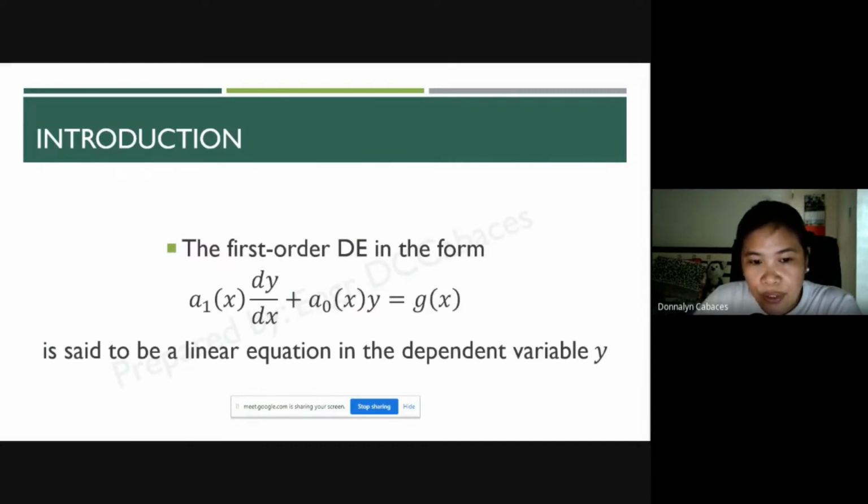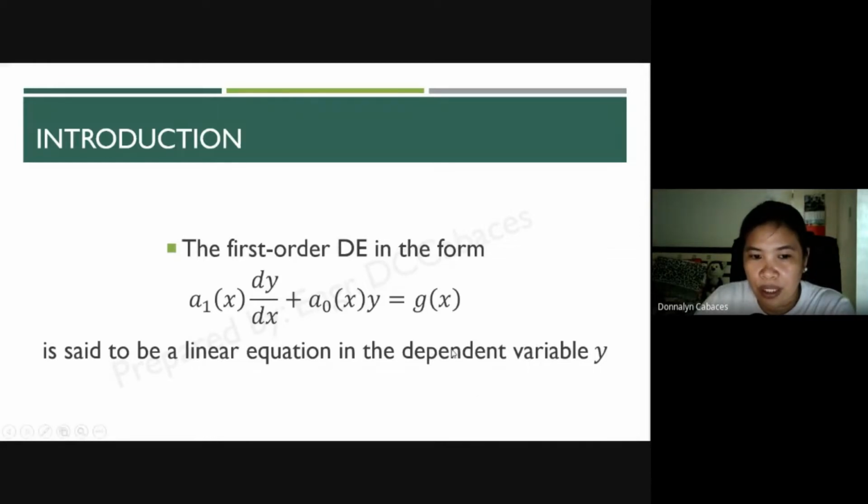So the first order differential equation in the form a1 as a function of x, the first derivative of y with respect to x, plus a sub 0, a function of x times y is equal to g of x, is said to be a linear equation in the dependent variable y.